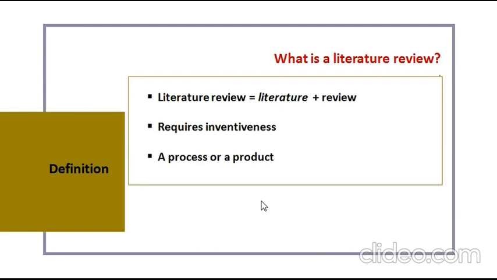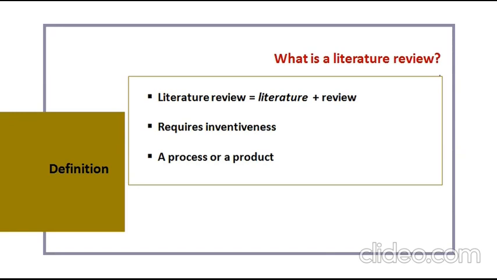What is a literature review? Generally, we look at the review of literature as an essential stage of research, which informs any new study. If we analyze the phrase itself, we'll see that it contains two parts: literature and review.